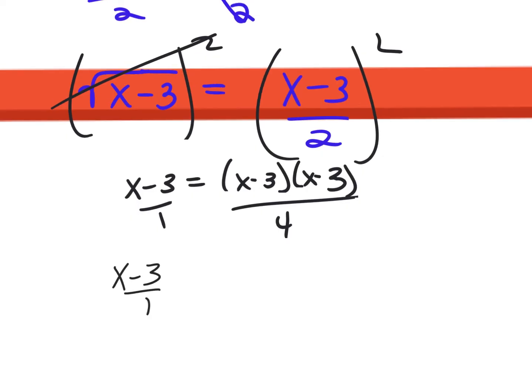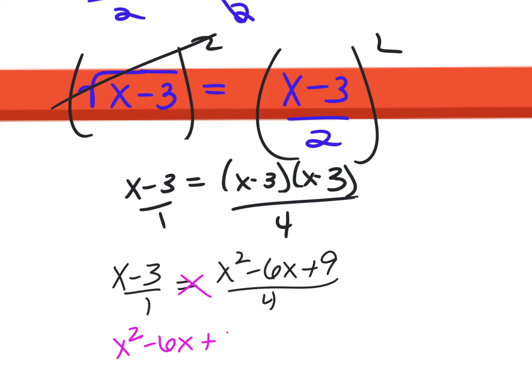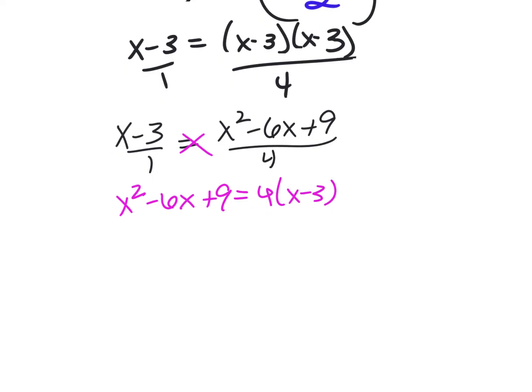Over here on the left you have x minus 3 equals, on the right we have x squared minus 6x plus 9 over 4. And then I'm going to go ahead and cross multiply. So x squared minus 6x plus 9 equals 4 times x minus 3. Distribute. X squared minus 6x plus 9 equals 4x minus 12.